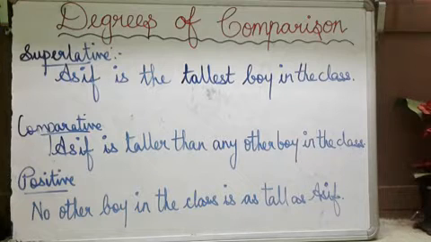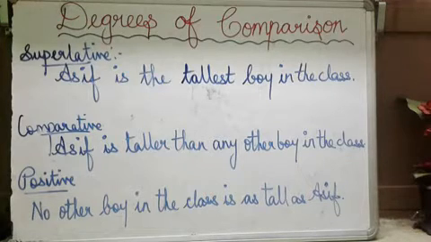The superlative degree of an adjective is used when more than two persons or more than two things are compared. And the comparative degree of an adjective is used when two things are compared. The positive degree of an adjective is used when no comparison is intended.